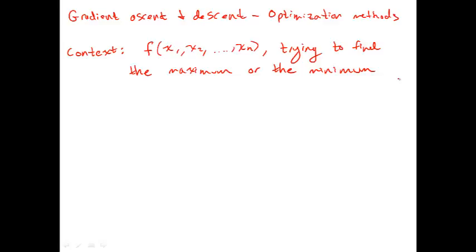What does our actual picture look like? Well, as we've realized on many previous occasions, it's hard to draw very high-dimensional functions, but what we can do is to draw a function of two arguments and then claim that all the geometry we're going to talk about and all of the math we're going to talk about holds for functions of more than two arguments. So let's say we have f of x1 and x2.